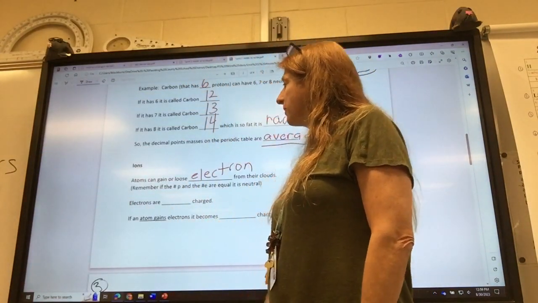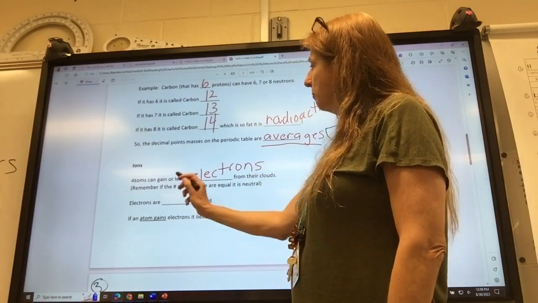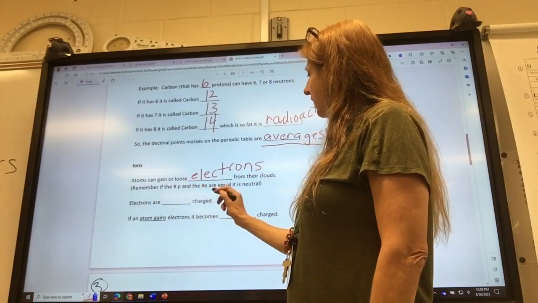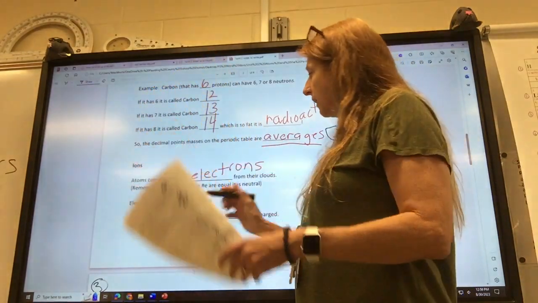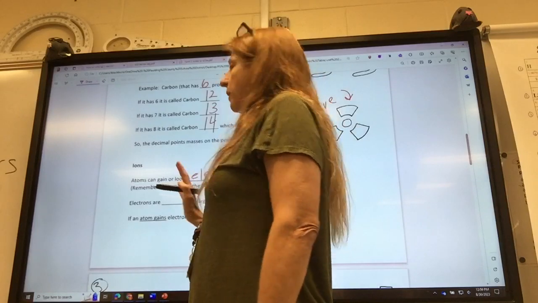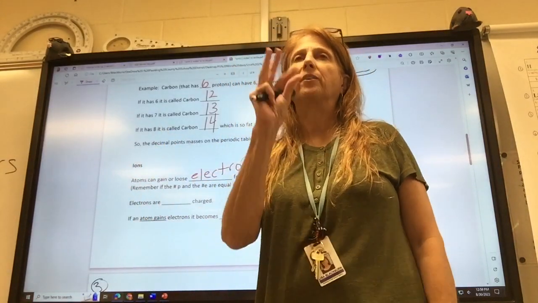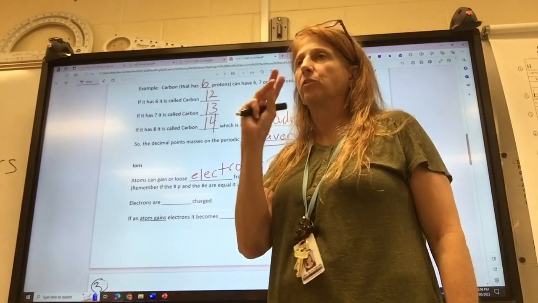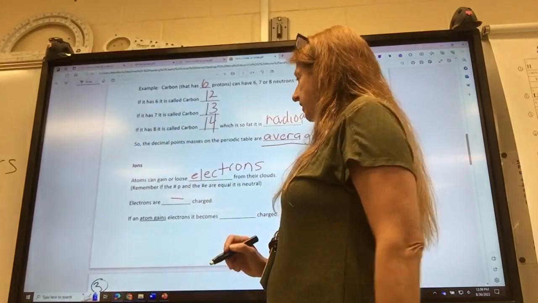All right, atoms can gain or lose electrons from their clouds. Remember, if the number of protons and the electrons are equal, it's neutral. So first of all, we have to follow the thinking here. What charge do electrons have? Positive, negative, or neutral? They're negative. So electrons are negatively charged.